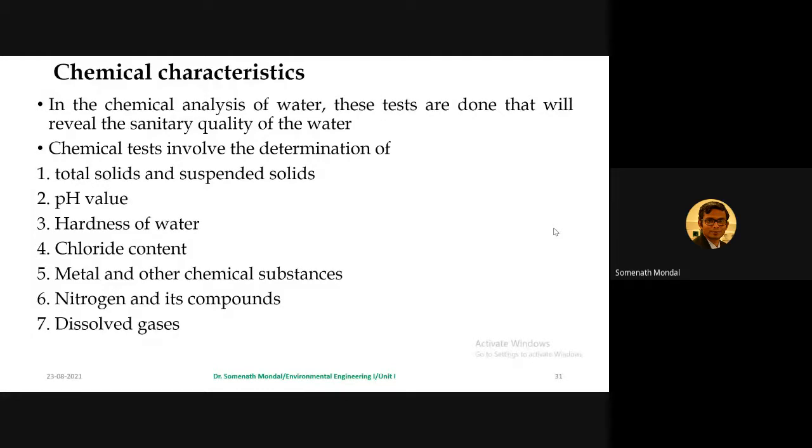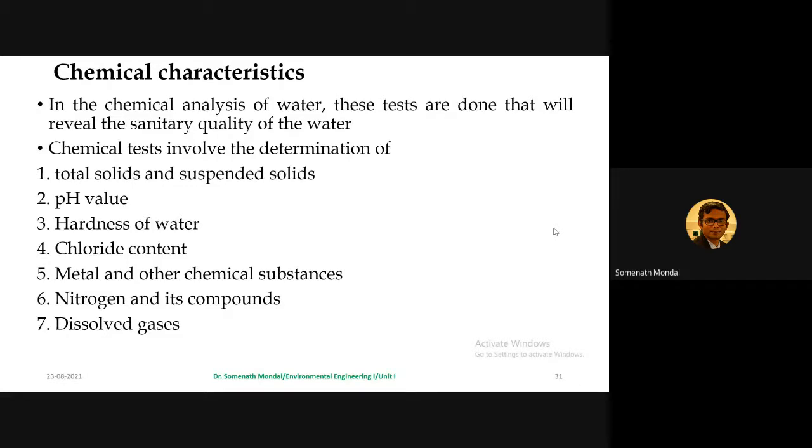The chemical analysis of water is carried out in order to determine the chemical characteristics. This involves tests for determining the total solids, suspended solids, pH values, hardness, chloride content, nitrogen content, iron, manganese, and other metal contents, and dissolved gases. Very standard test protocols are available, which we will be discussing in this particular subject.